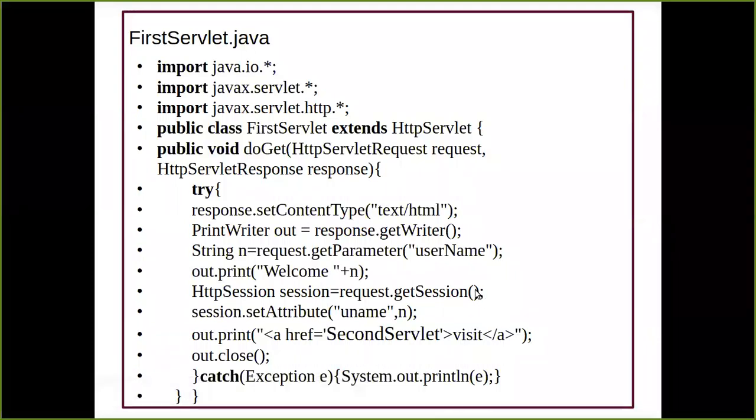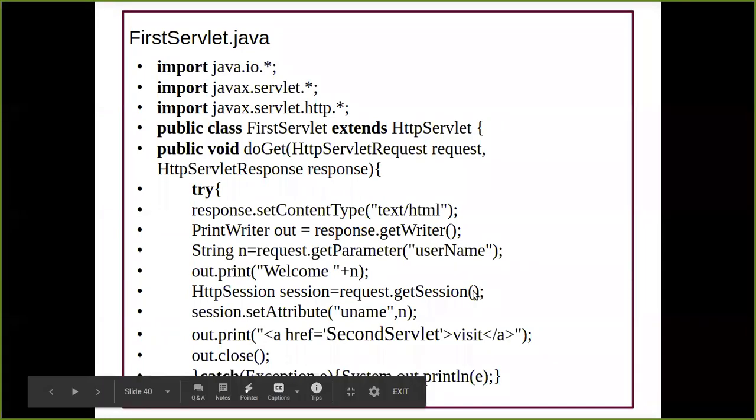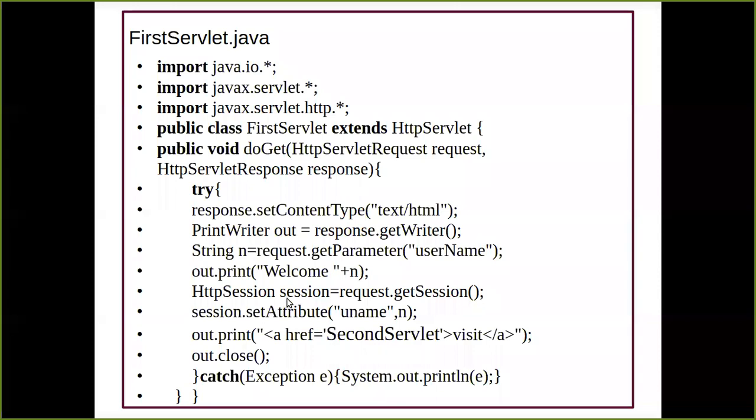And if I write false, it is not going to create a new session, but it will help me get the pre-existing session which is available with the associated request. Okay, so not going with the boolean values, we are just going with the default one, which will help me create an instance of the HTTP session interface.